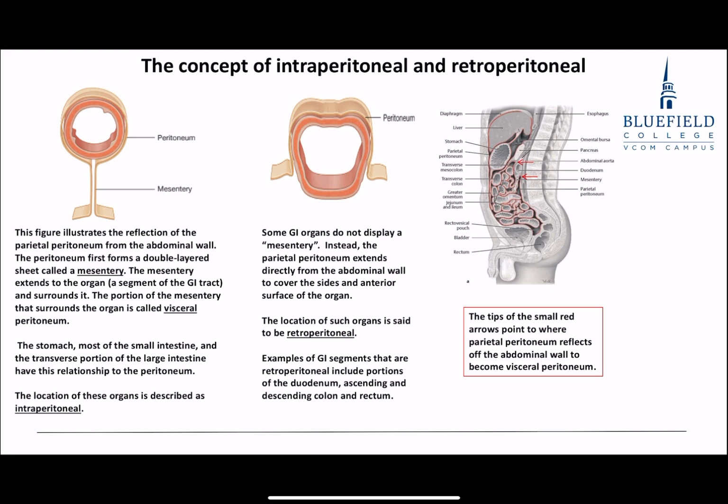There are also retroperitoneal organs, and one of them, I think I didn't mention this when we talked about the urinary system, but the kidneys are retroperitoneal. They form in a retroperitoneal region of the abdomen.